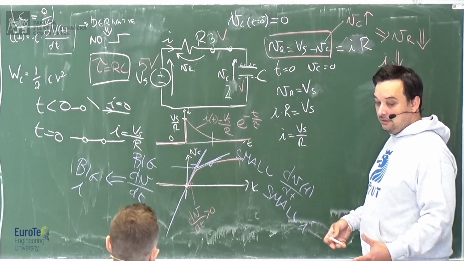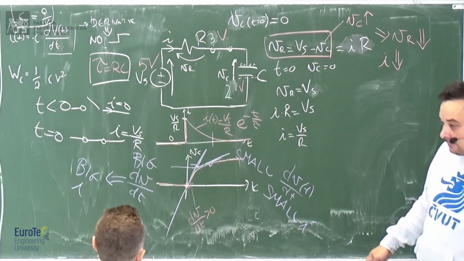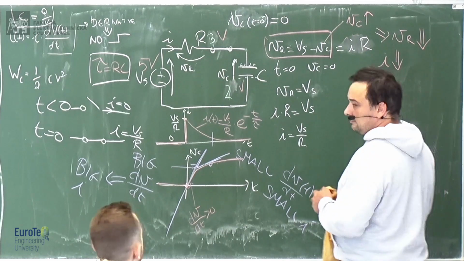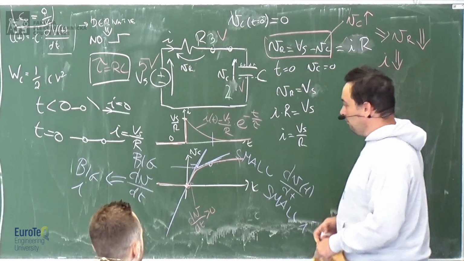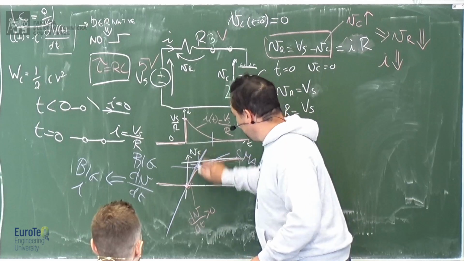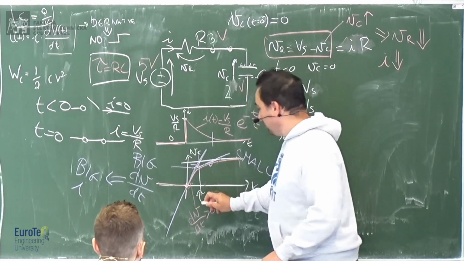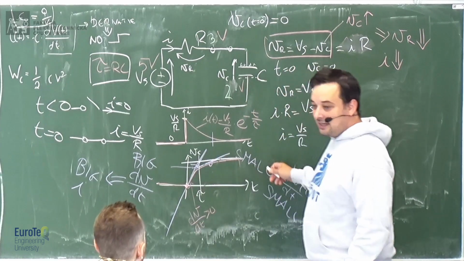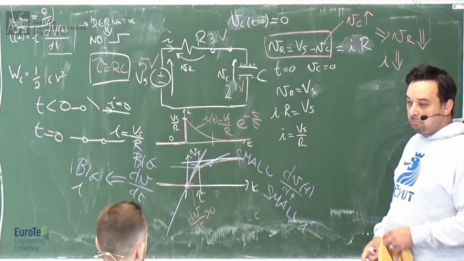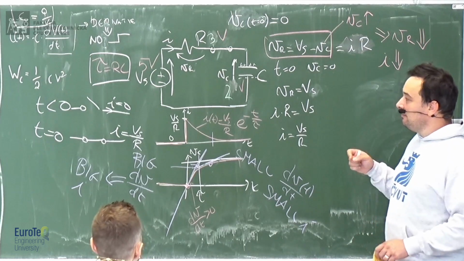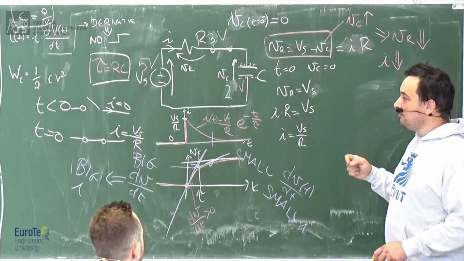It's the slope of the charge, let's say. If you take the slope here, you get 1 tau. So the bigger tau is, the bigger the time you need to charge. But what does it mean from the physical point of view?